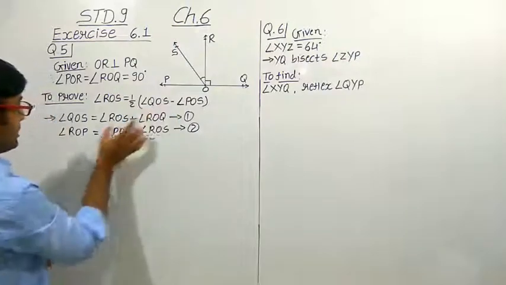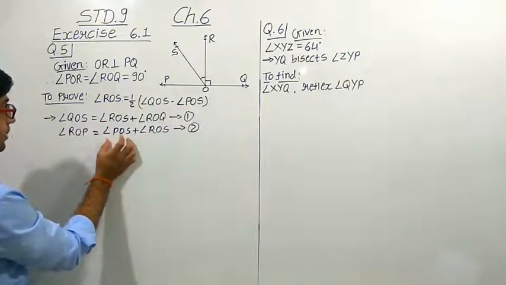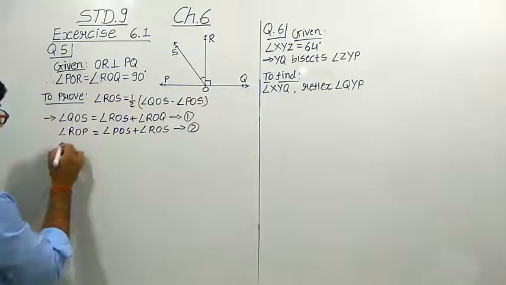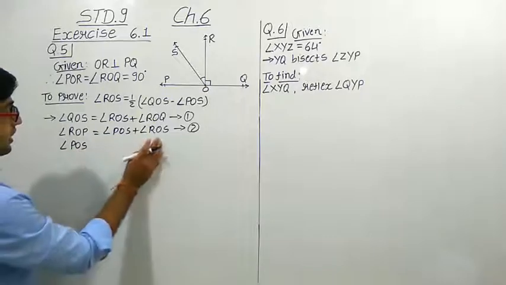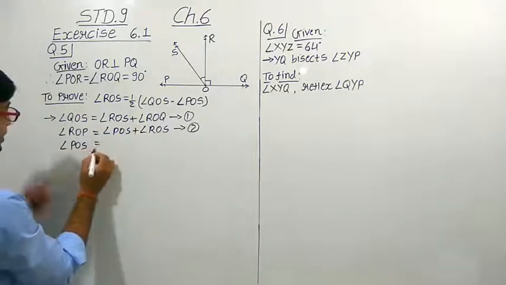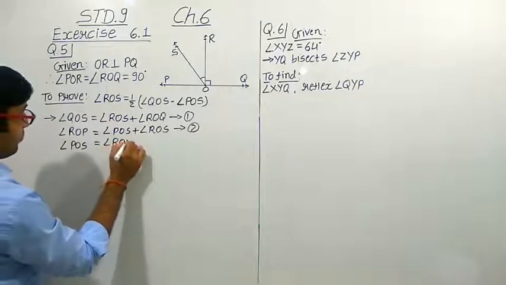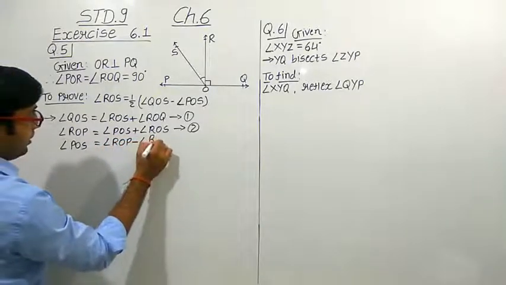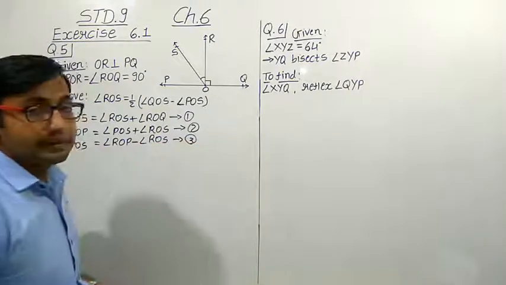So now we have POS, we can find it from here. By making POS the subject, take this ROS to the left hand side, it will be subtracted from ROP. So angle ROP minus angle ROS, that we get here. Give it equation number 3.